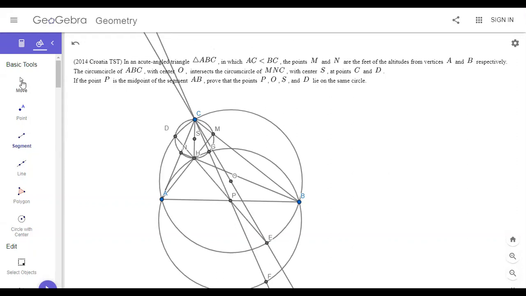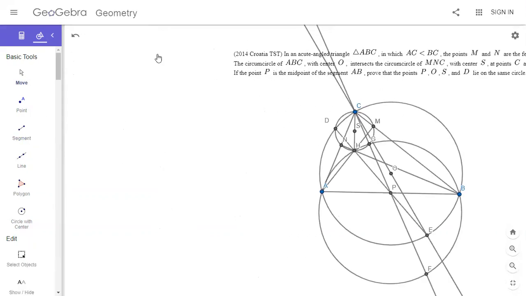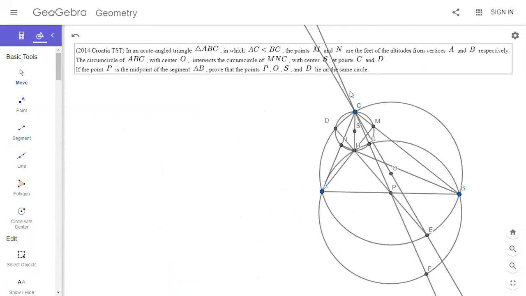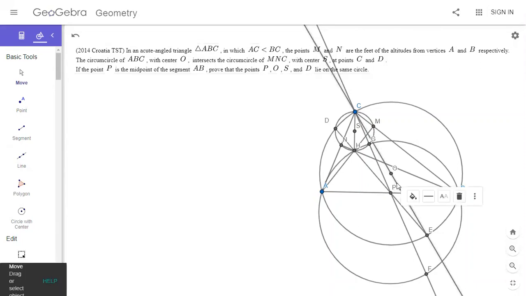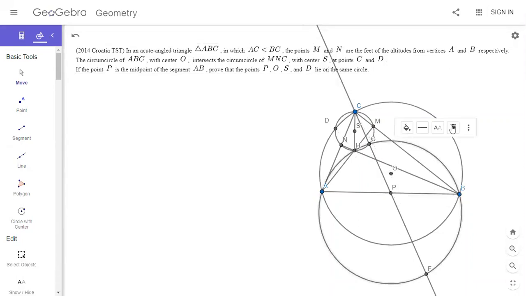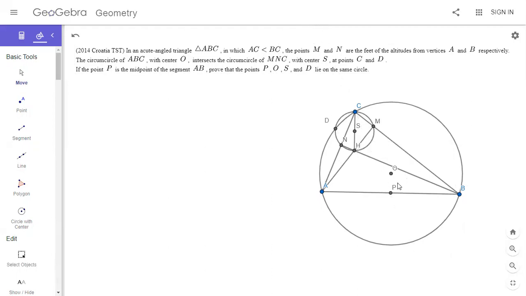Okay, so I'm going to write it out. Yeah, this is an easy one. All right, so let me delete a couple things. We don't need all this. Okay, so we're just using the well-known fact that CH is 2OP.